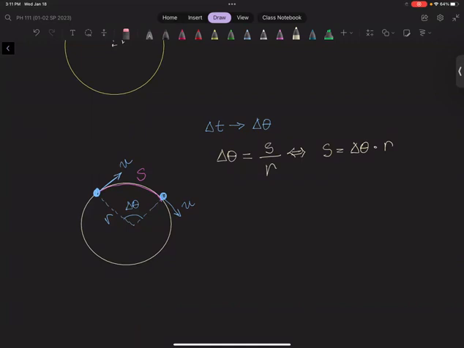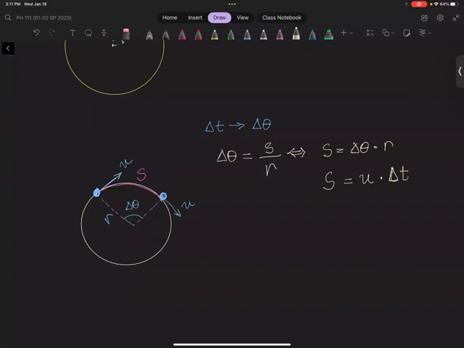But at the same time, we said that U, the linear speed, is constant. So it is essentially covering a distance S that is going to be equal to what? U times delta T, yes or no?